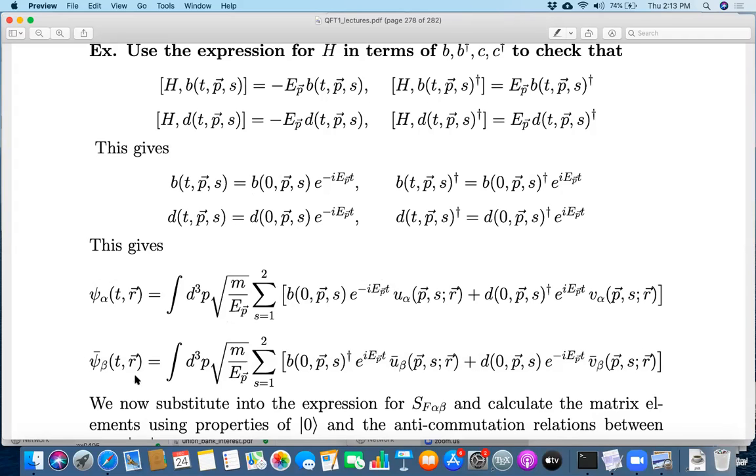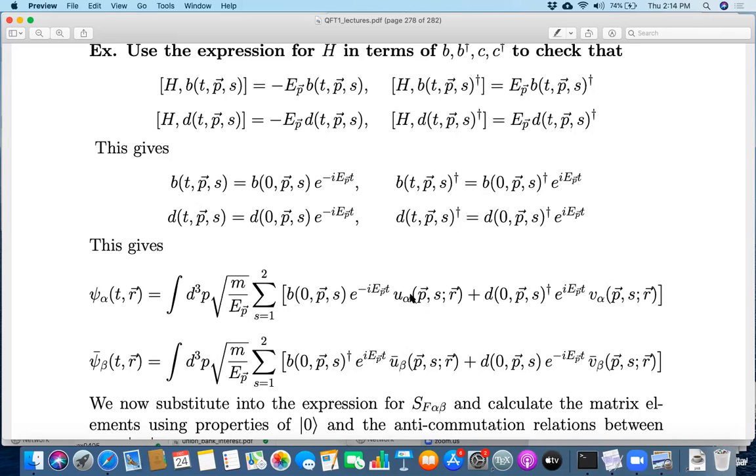Now to get the expression for ψ̄, ψ̄ is ψ† γ^0. So these of course remain unchanged. Because it involves a complex conjugation, b becomes b†, e^(-iE_p t) becomes e^(iE_p t), and u_α becomes u†γ^0, that's ū.